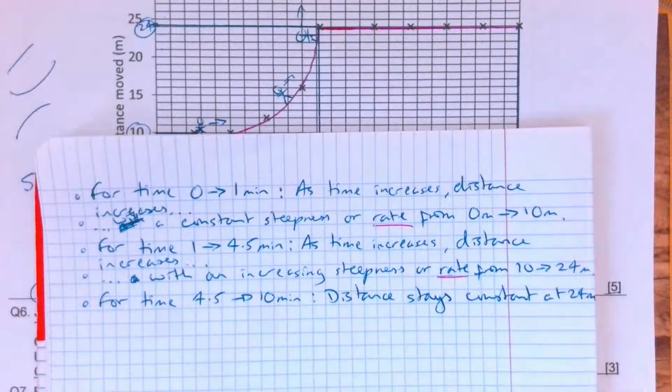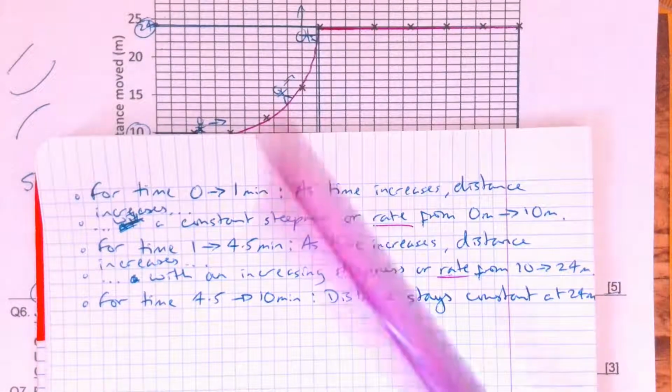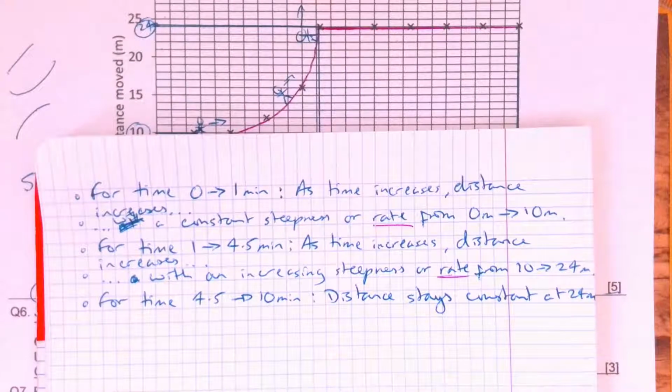Okay, if I've really revised this hard and I know actually the rate of change of distance we call velocity, that's fine, but rate is also totally appropriate. So if I just remember rate, that's correct, it's a much easier term to remember, and I can apply it to any graph or any sort of different scale that we might have. Okay, next question.